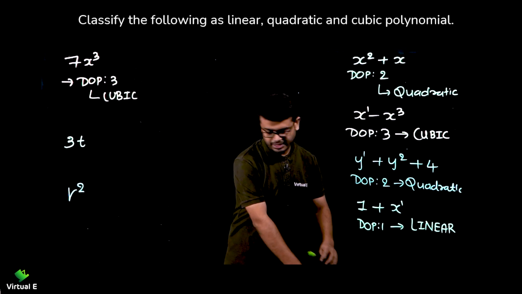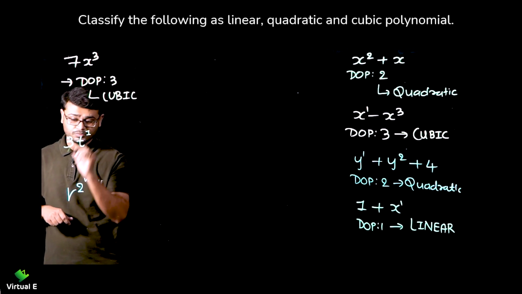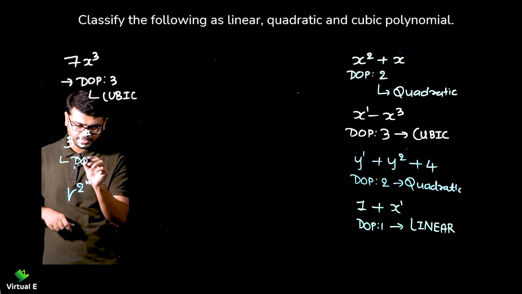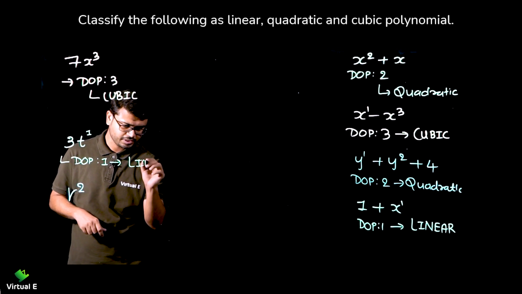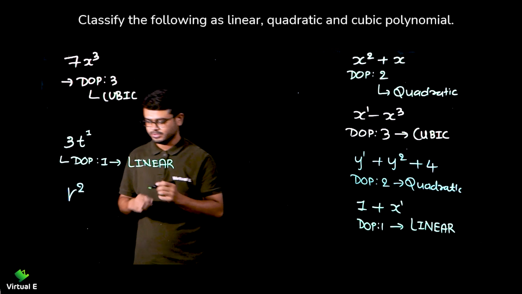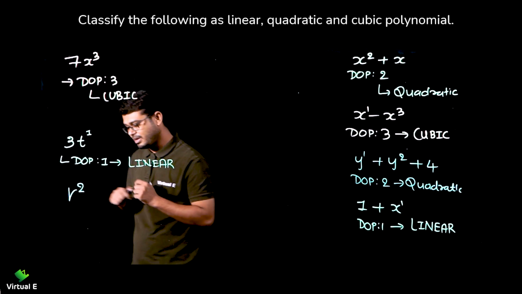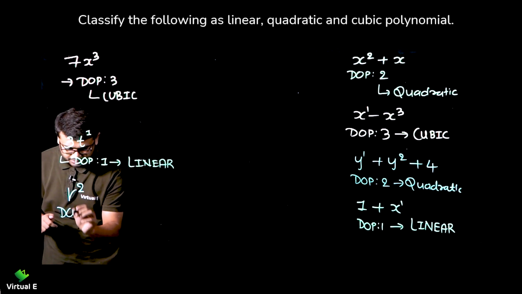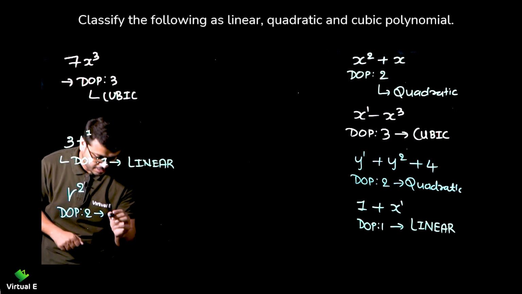Next one, 3t. So what's the power of t? That is 1. So the DOP is 1. So it is what? Linear, right? Linear polynomial. And the last one, r square, right? Again, the power is 2. So the DOP is what? 2. In that case, what will it be? Quadratic polynomial.